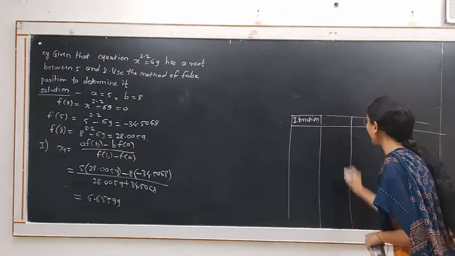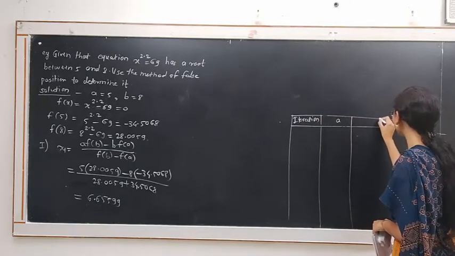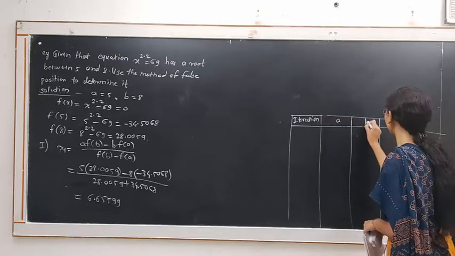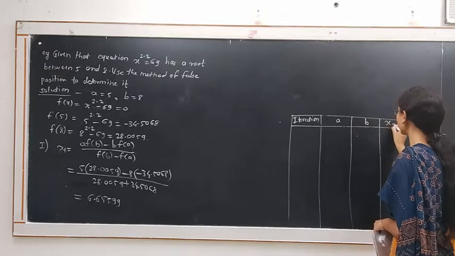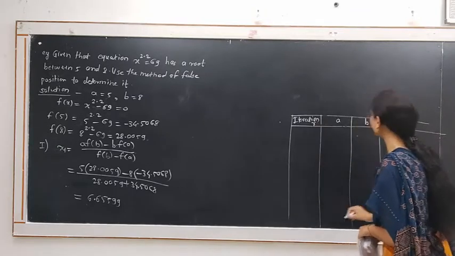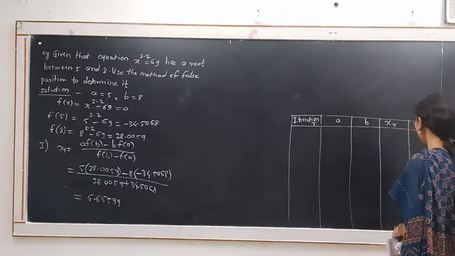The value of a chosen for the corresponding iteration, the value of b, the value of xr, the iteration r, and the value of f of x.